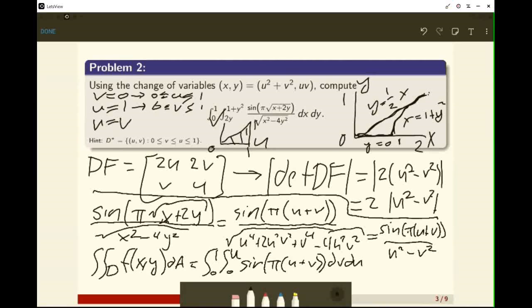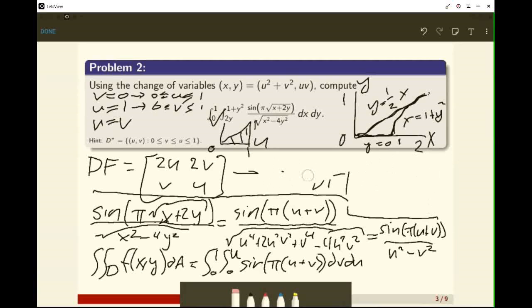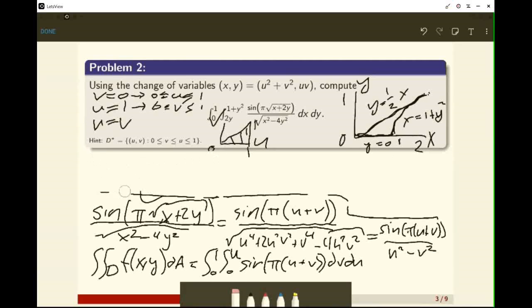And here I have not left myself enough space for this, so I will erase this computation at the beginning. But this integral is, already we can see, sort of a very friendly thing. It's just a sine function that's got these two things in the argument, but they're both coming in linearly.